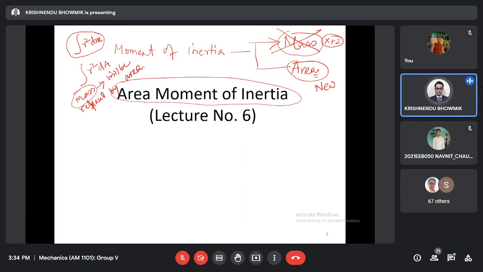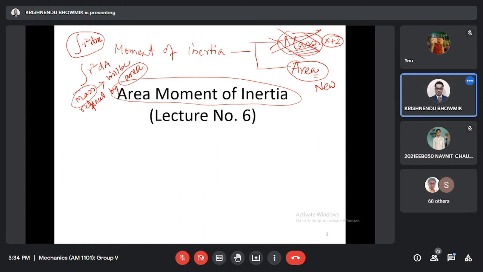In this mechanics subject, when we are dealing with dynamics, we use mass moment of inertia. But some of the statics problems will use area moment of inertia. We will intentionally never use mass moment of inertia, even for dynamics.